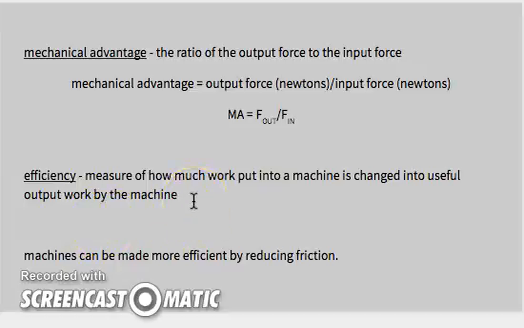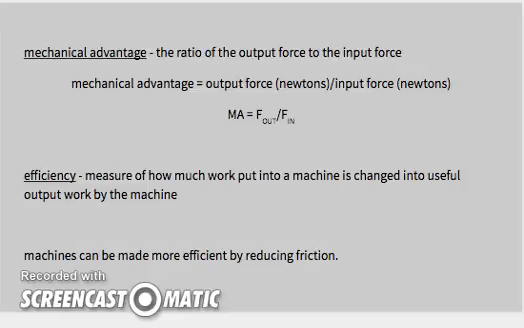Machines can be made more efficient by reducing friction. When automobiles and engines were invented, they used to just let the parts move and get as much force out of them as they could.